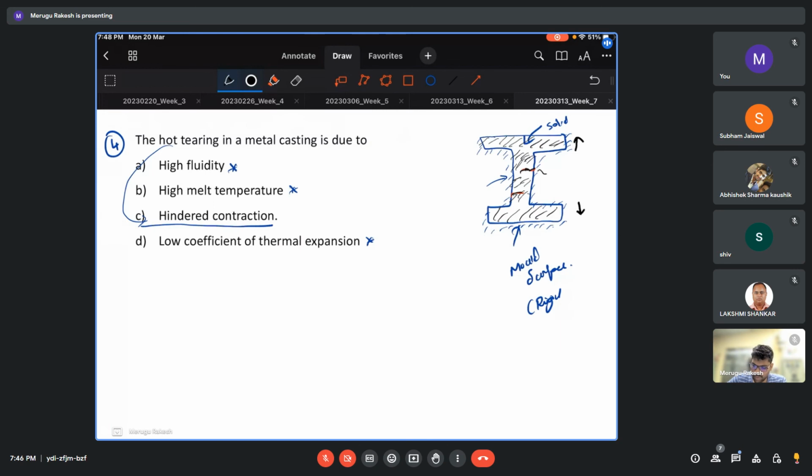That is what is called hot tearing, which occurs due to unyielding. One reason is the rigid support of the molds, or else the hindered contraction. This contraction is hindered by this type of mold. So this is called the hot tearing defect.